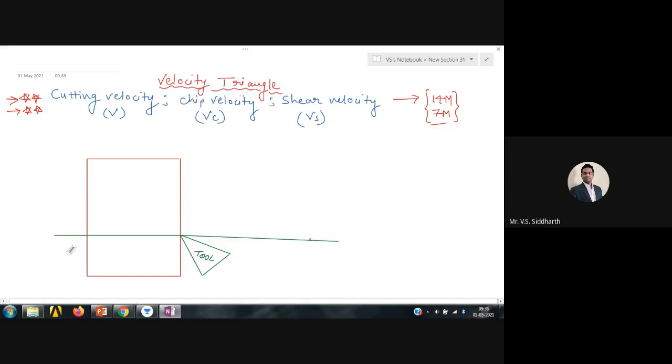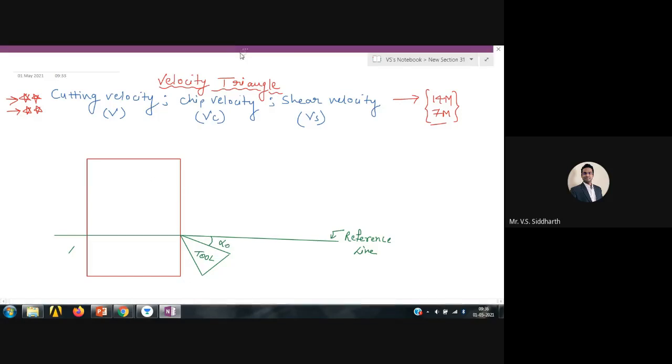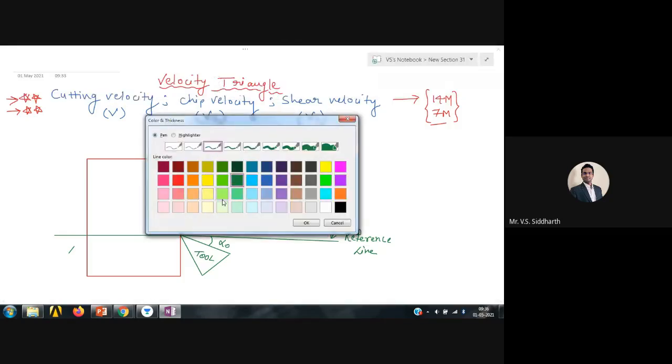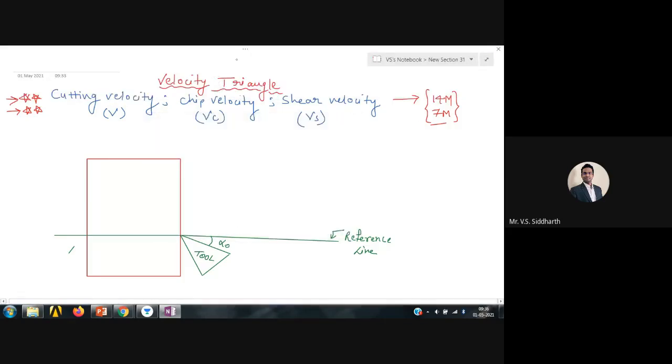What is this? This is the reference line. This is the angle alpha naught. Can you see this line?